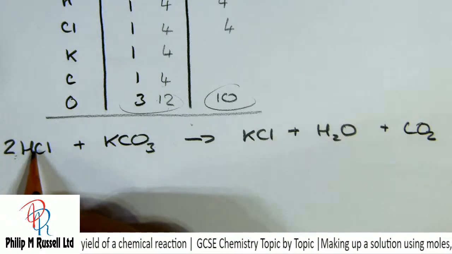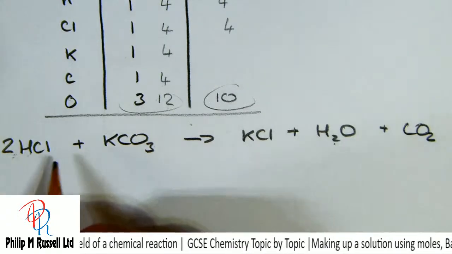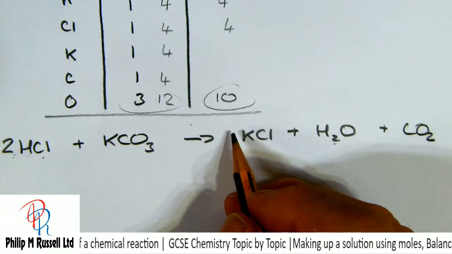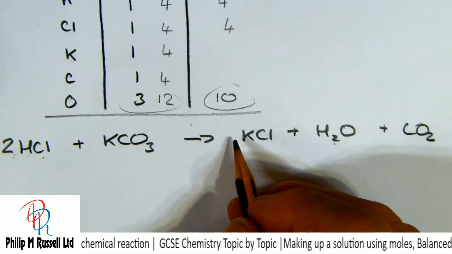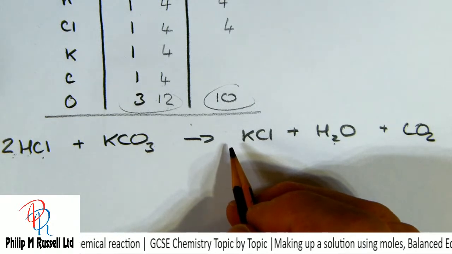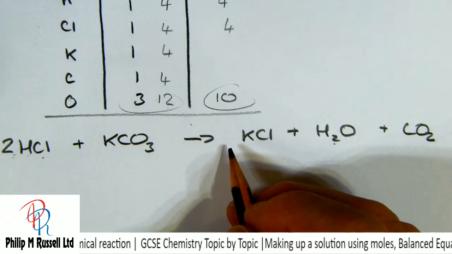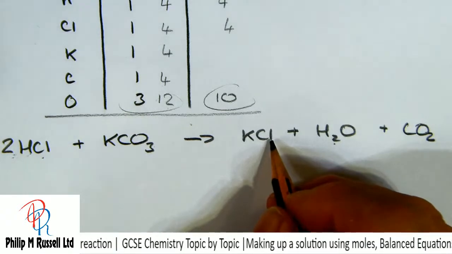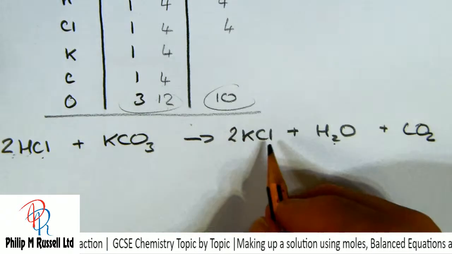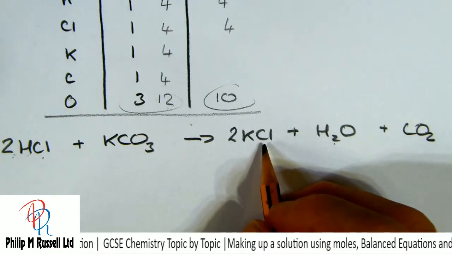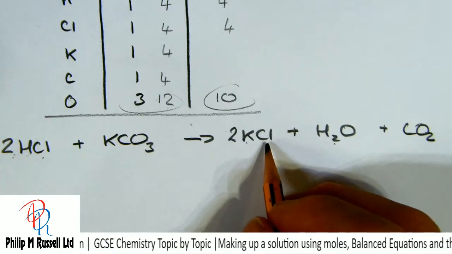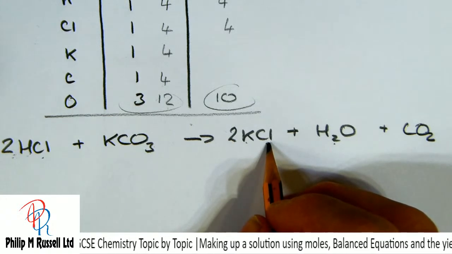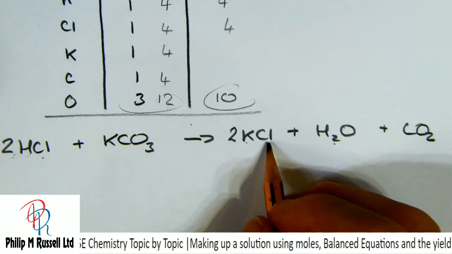I've got 2 H's here, 2 H's there, we've got 2 Cl's, we're going to need 2 here, that's not right, and potassium chloride having the formula KCl means that we've got a bit of a problem trying to work out how these go.